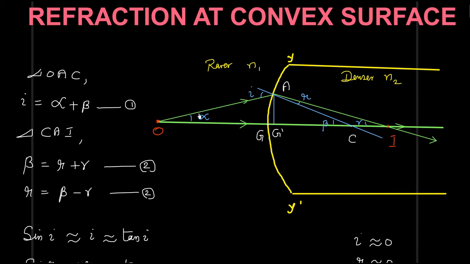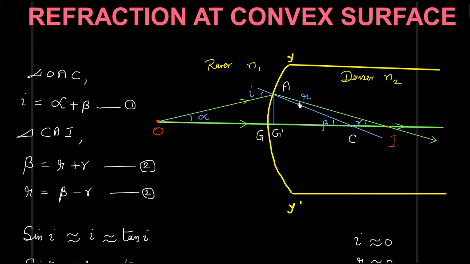Look at the triangle OAC. From this, external angle i equals the sum of internal opposite angles, that is alpha plus beta. i equals alpha plus beta, we write as equation number 1. From triangle CAI, beta is the external angle and r and gamma are the internal opposite angles.